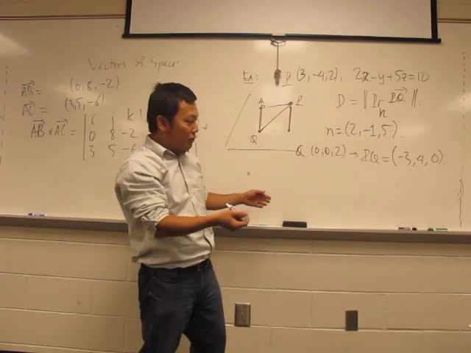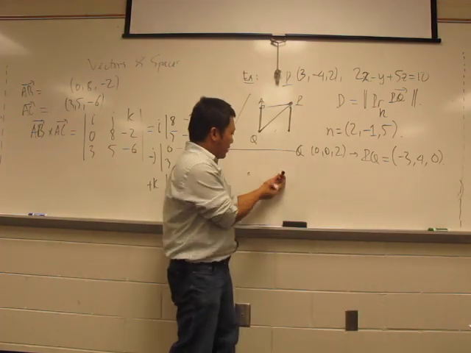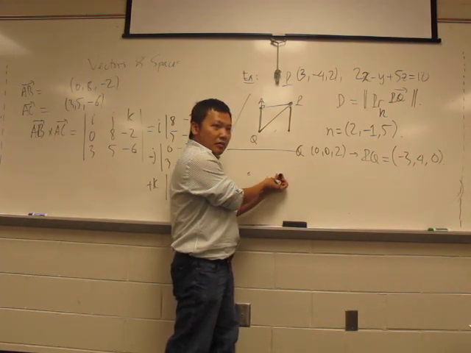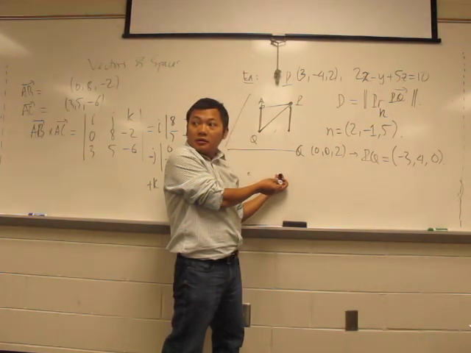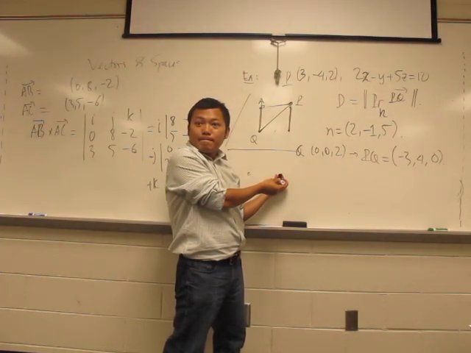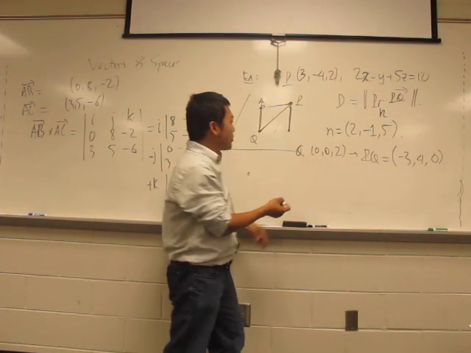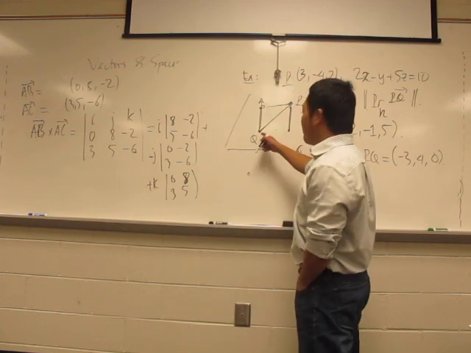And to be honest with you, I just told you how to find a projection of one onto another. Get it? Is there any issue with that? So you pick some point here, right?